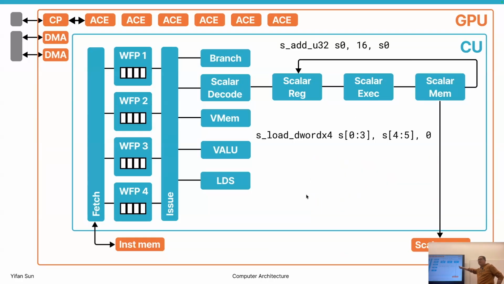Okay, another thing, remember the sLoad instruction, the scalar load instruction. We also need to load the data. Then we actually have an extra stage called the memory stage. The memory stage will connect with the scalar memory. The scalar memory's interface is with the L1 scalar cache.